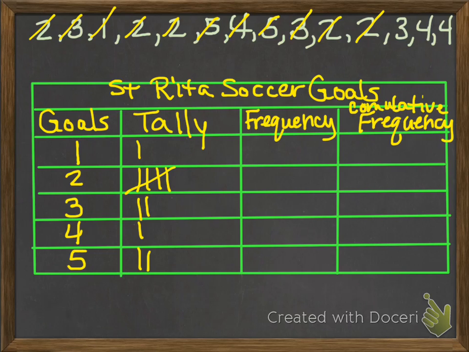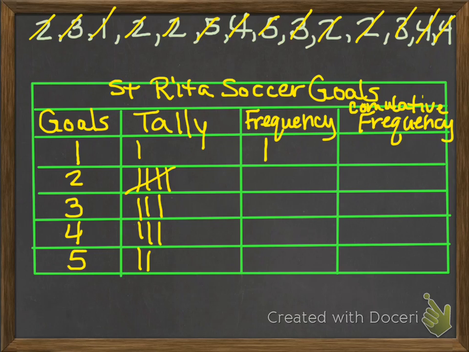Notice that when I get to 5, I make that 5th line a diagonal line. That way I can see easily that those are 5 tally marks. 3, 4, and 4.